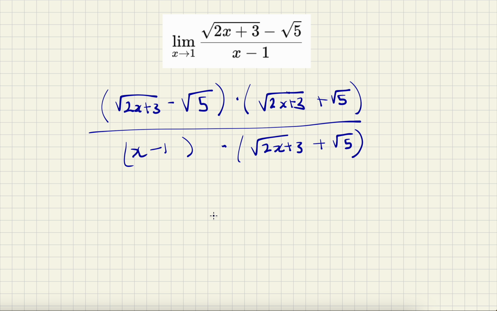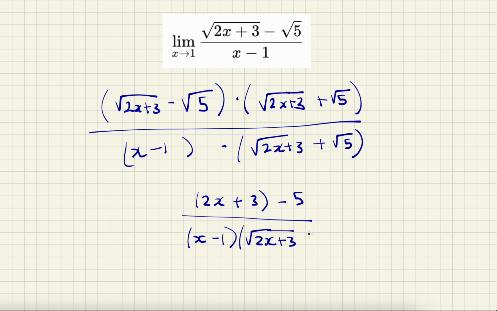And so when we multiply through, we get (2x plus 3 minus 5) over (x minus 1) times (the square root of 2x plus 3 plus the square root of 5).